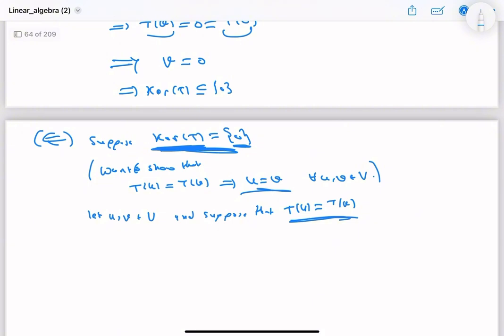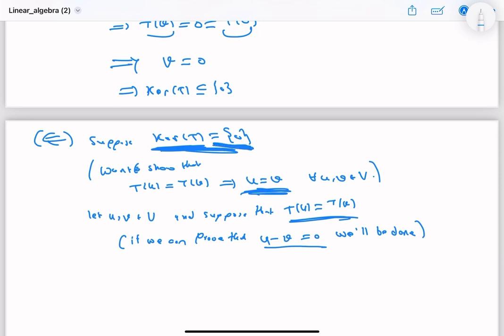So if we can prove that U minus V is equal to 0, we'll be done. Because then U is equal to V, and this is what we want, right? So we want to prove that U minus V is 0, and the only property that we have is this thing.